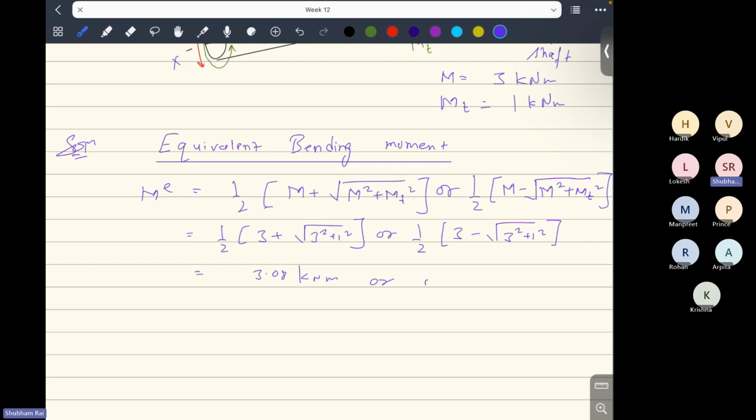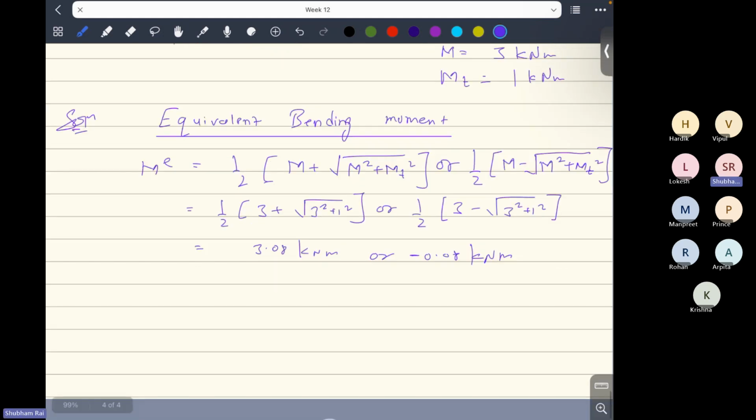So that should be 0.08 kilonewton meter, right? 3 minus square root of 10, and this should be minus actually. Okay.